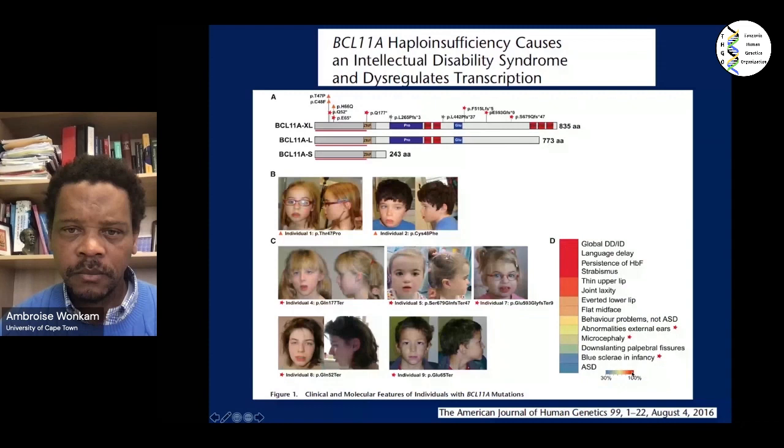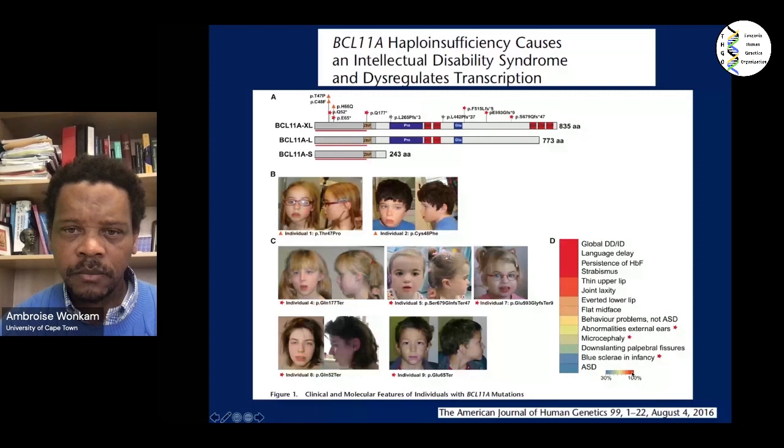But it was not that simple, because an experiment of nature illustrated in children who naturally have a deletion of BCL11 shows that they have an increased level of fetal hemoglobin, but they also have some level of mental disability and some brain malformation, making BCL11 a quasi undruggable gene.